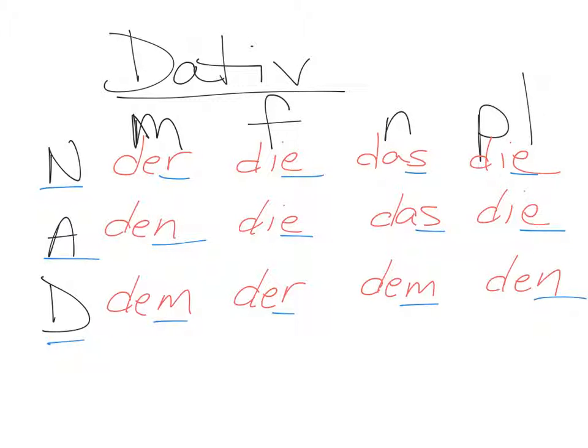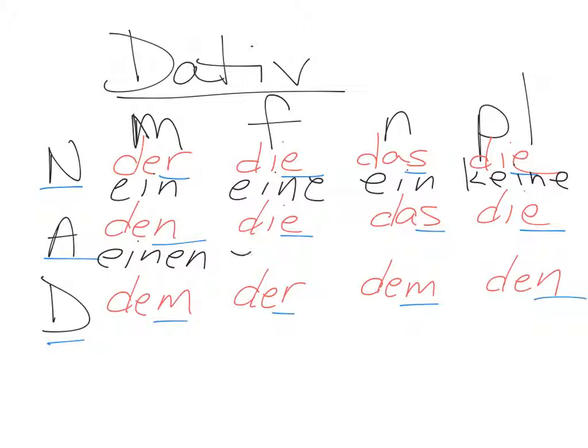Okay? All right, moving on to ein words. So let's go with nominative first, going across. Masculine, what's your ein word? Ein. Feminine? Eine. Neuter? Ein. Plural? Yep, we're going to use keine since you can't have plural ein. Accusative, masculine. Einen.